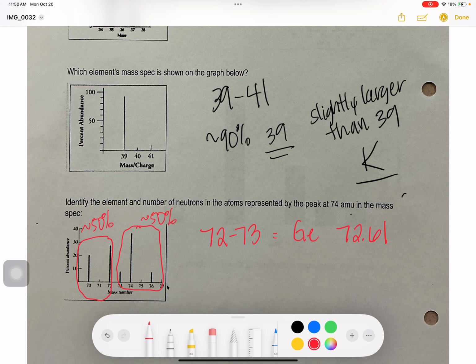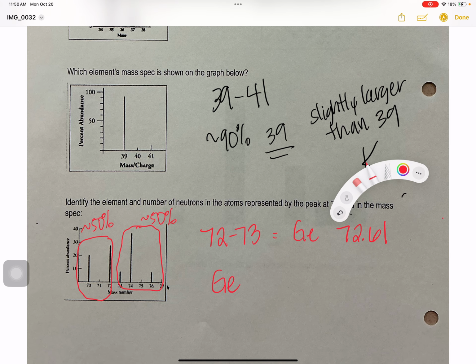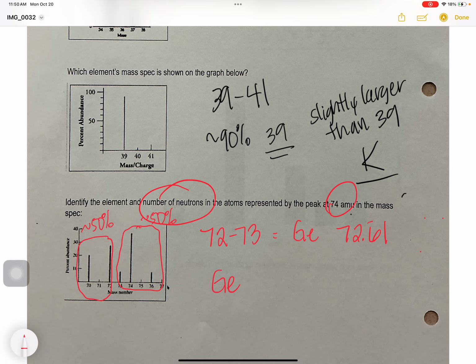Then we have to answer our question: identify the element. It is Ge, but then they ask us to account for the number of neutrons. In the peak at 74, well, 74 is here. My mass of 74, remember, is protons plus neutrons.